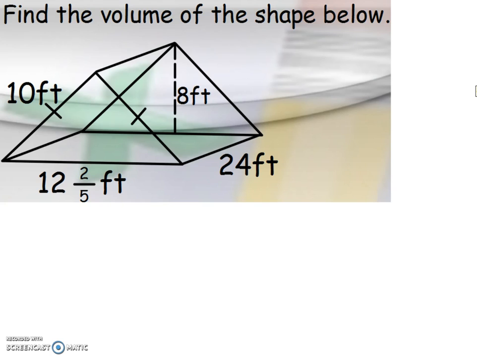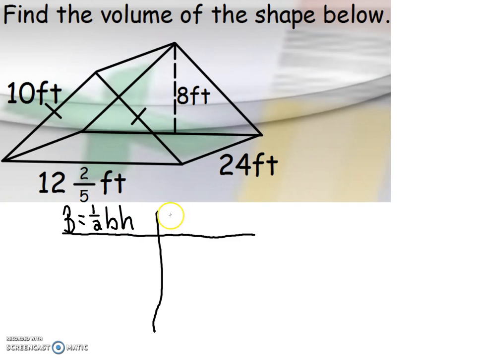All right, so let's set up a T-chart. This is also a triangular prism. So we have to find the area of the base. Well, what shape is the base? It's a triangle. So we have 1/2 times base times height. To find volume, we do the area of the base times the height of the prism.